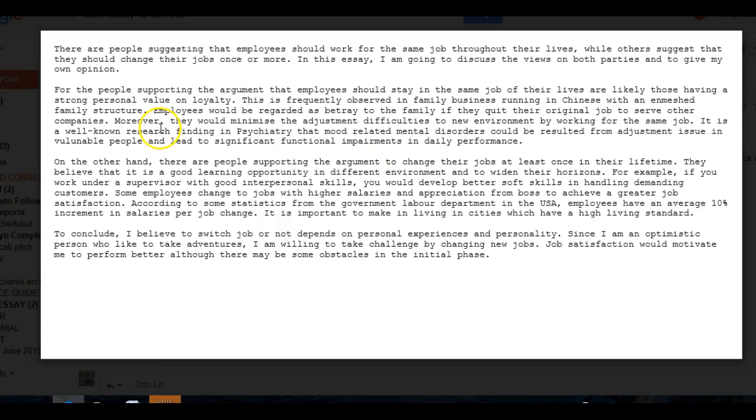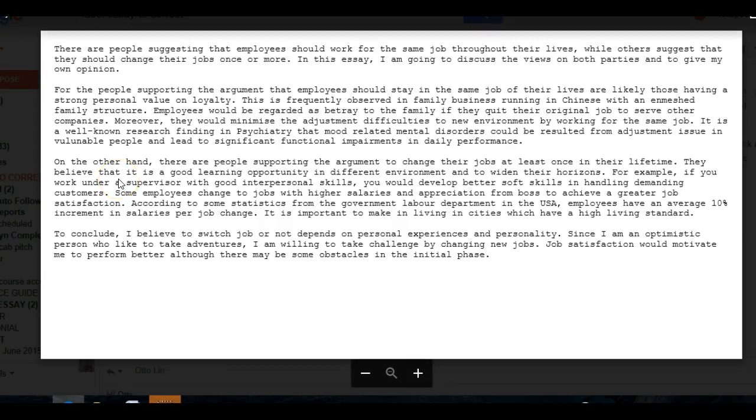Moreover, they would minimize the adjustment difficulties to new environments by working for the same job. It is a well-known research finding in psychiatry that mood-related mental disorders could result from adjustment issues in vulnerable, careful with your spelling, in vulnerable people, and lead to significant emotional impairments in daily performance. Okay, other than the little mistakes I made, it's quite good.